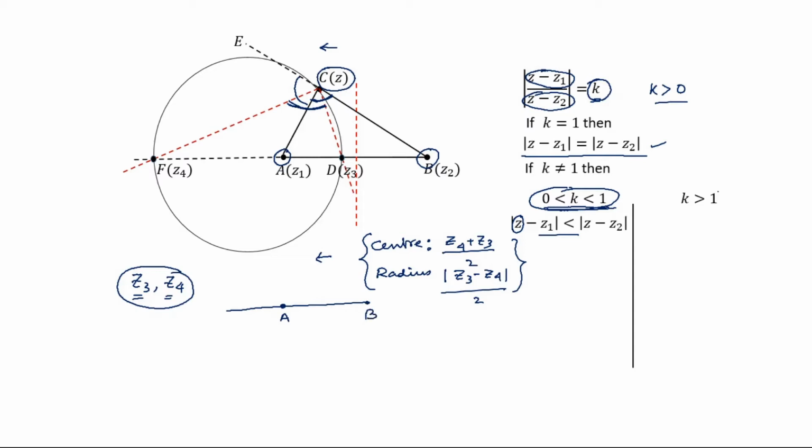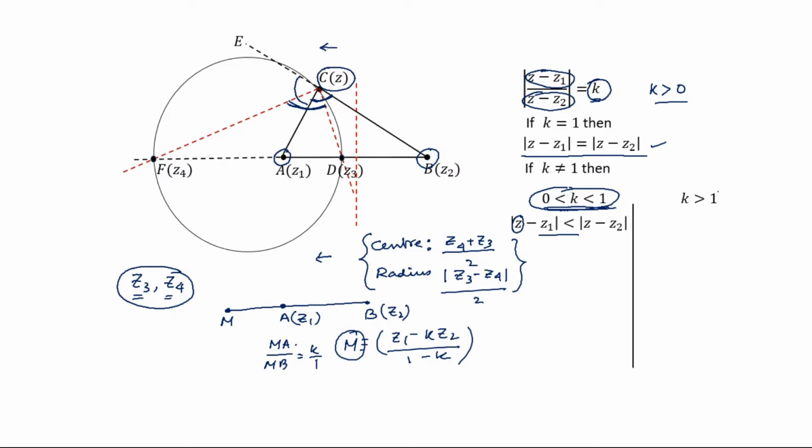If this point A is associated with the complex number, say Z1, and B with Z2, then if M is a point which divides this line in the ratio k is to 1, that is MA by MB is k by 1, then we say that M will be nothing but (Z1 minus kZ2) divided by (1 minus k).